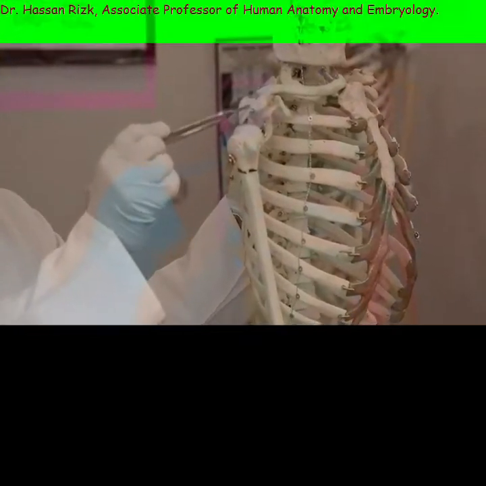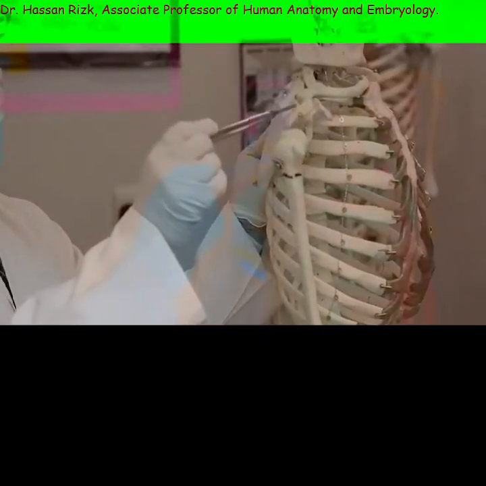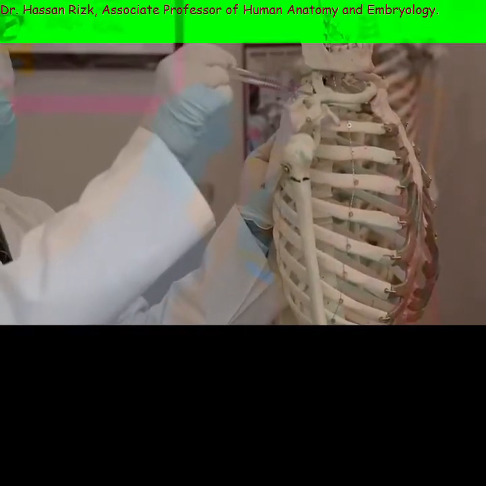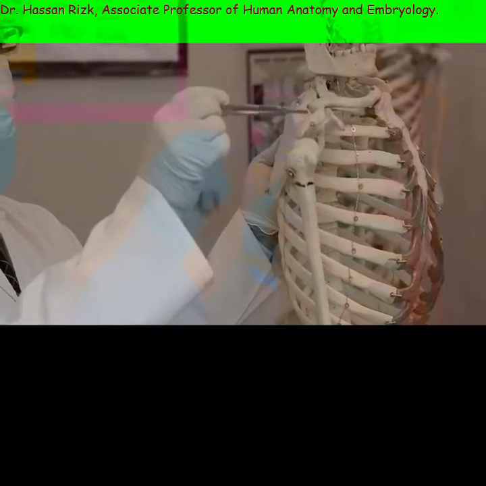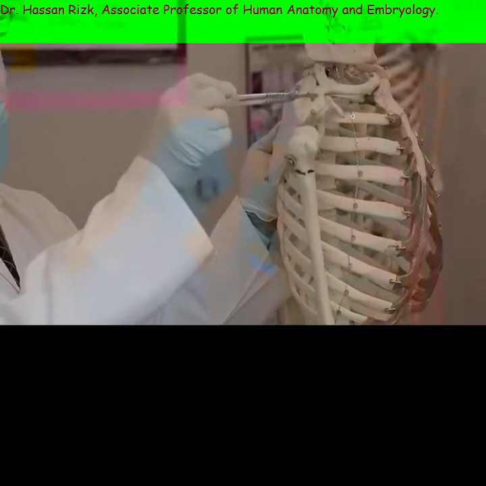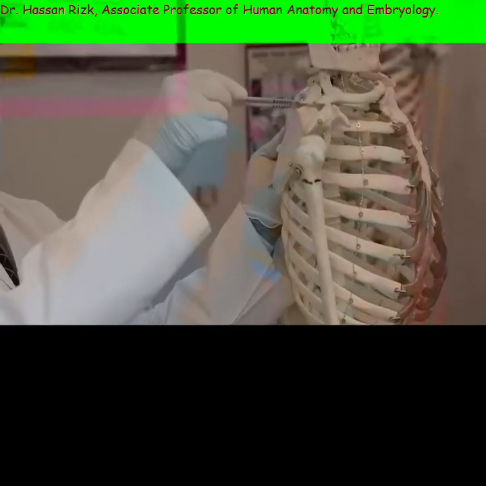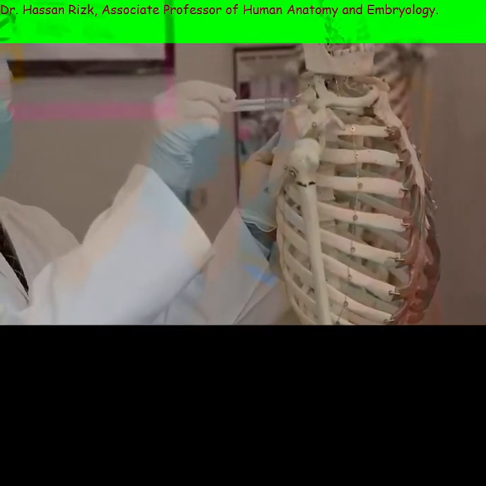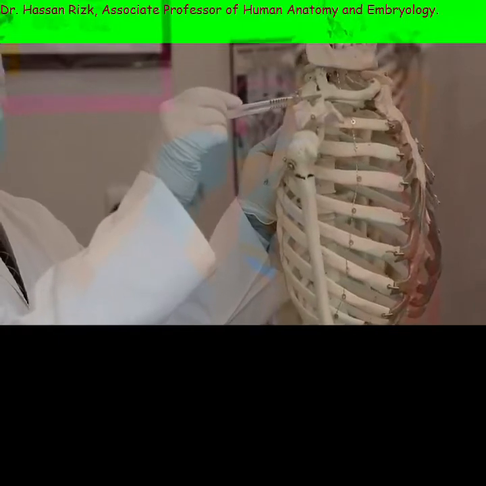This process is known as the acromion process, which is a part of the scapula. Because the lateral end of the clavicle articulates with the acromion process, we have this joint, which is known as the acromioclavicular joint. This is why the lateral end of the clavicle is known as the acromial end.